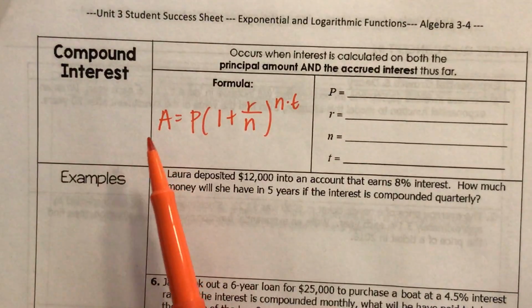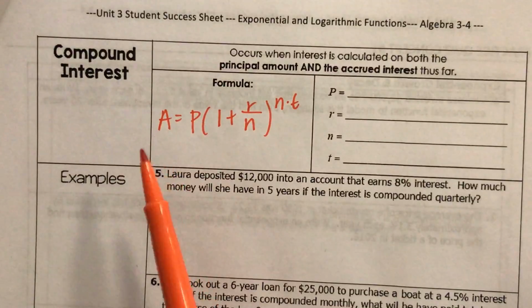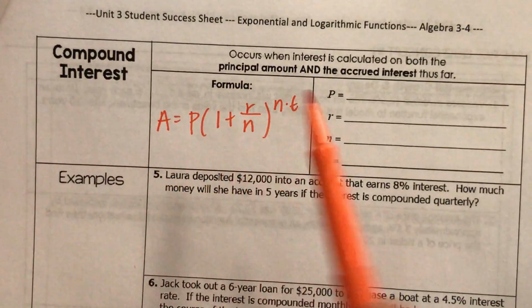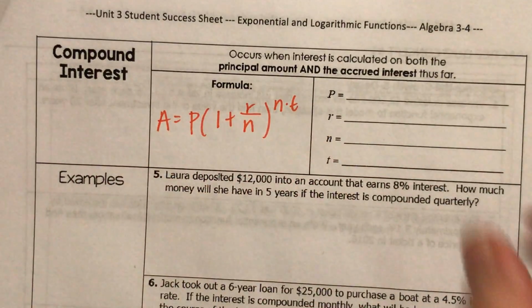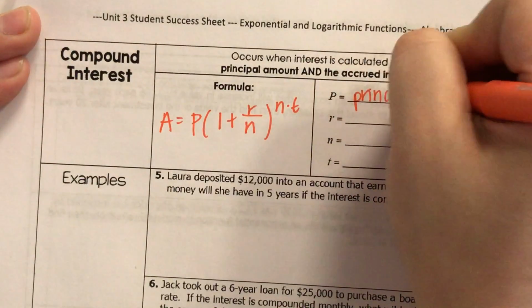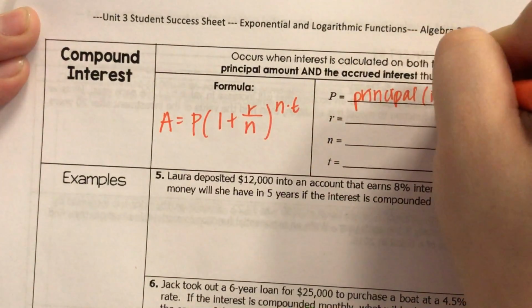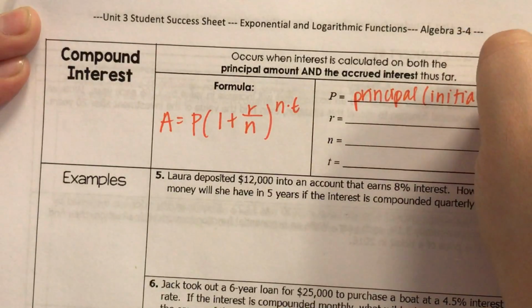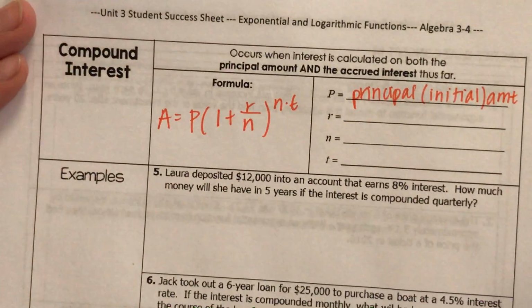A is your final amount, your amount you get once you calculate your accrued interest, okay? P is your principal, which is another fancy way of saying initial amount. Whenever you buy a house or a car, they'll refer to principal.